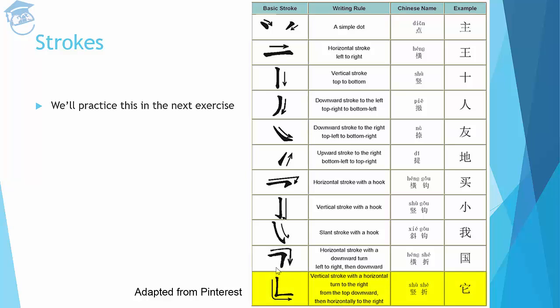We have the vertical stroke first, then a horizontal turn to the right. So the example you can see is here. So from top to bottom, then make a turn from left to right. So these are all the strokes of Chinese characters. This looks quite a lot, but we will practice these in the next exercise, so don't worry.